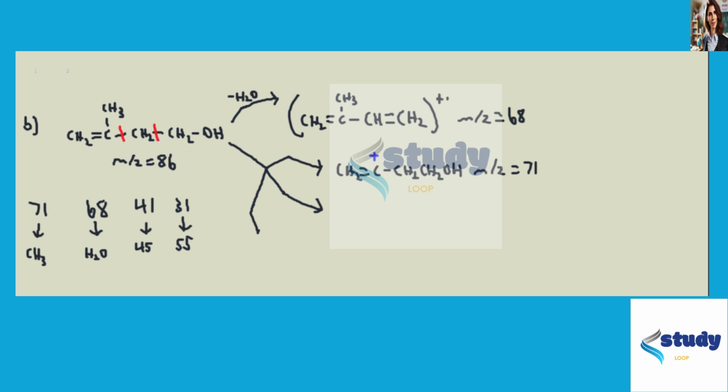And so if we cut that first bond there, the one right at the double bond, we're going to get something that looks like this: CH2C, CH3 with a positive charge on this carbon. And let's add that up and see what that's going to look like. So 3 carbons is going to be 36. 5 hydrogens is going to be 5 more. So that's 41. Okay, and so here's our M to Z equals 41.